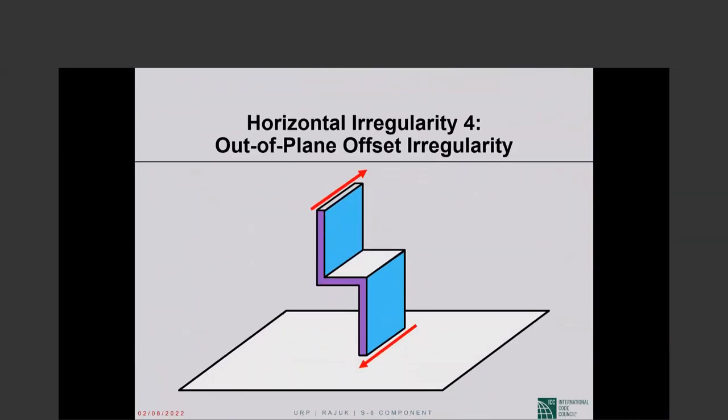This is a very graphic picture that comes from FEMA, and it makes an important point. This shear wall was coming down, but then it makes an offset and comes down a different line.